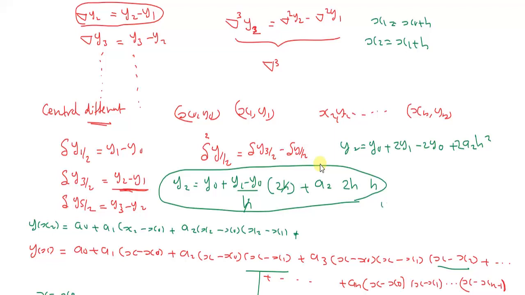So y2 is equal to 2y1 minus y naught plus 2a2 h square. So here we need to find the value of a2. So a2 is equal to y2 minus 2y1 plus y naught divided by 2h square. So this is a2.